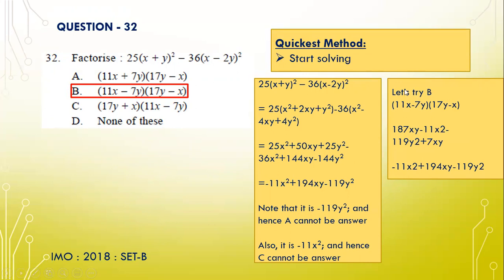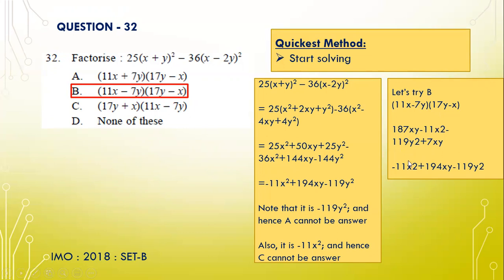So let's try B. (11x minus 7y) into (17y minus x), isn't it? Let's try this option. And when you cross multiply, it will be what? 11 into 17 is 187xy, into minus 11x square. 11x into minus x is minus 11x square, minus 17 into minus 7 is minus 119y square, and minus 7y into minus x, which will be positive 7xy.